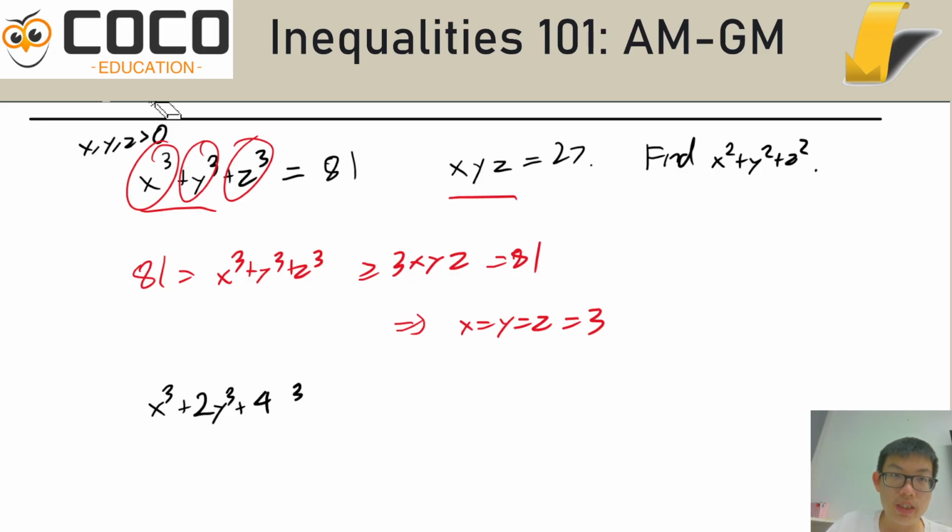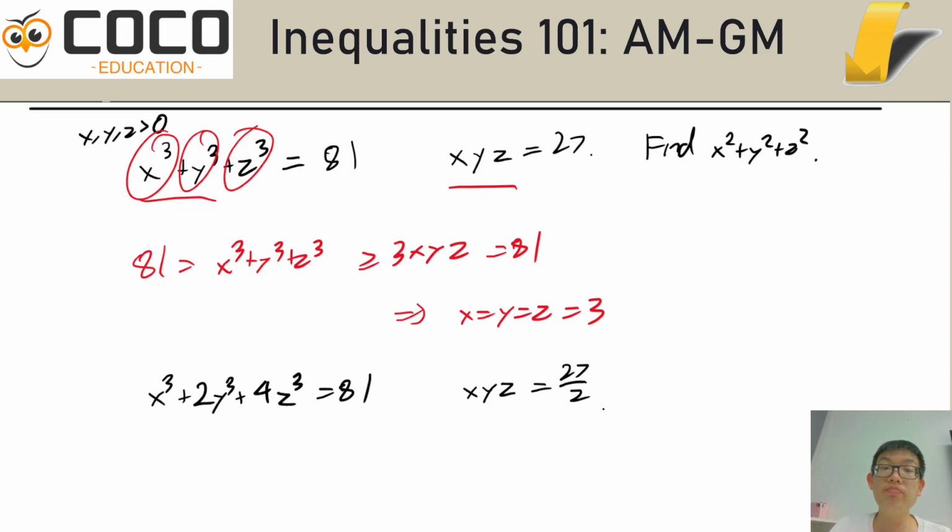Now I can't spell xyz. Okay, let's do this. Let's use x cubed plus 2y cubed plus 4z cubed equals 81 instead. And now I have xyz is equal to 27 over 2. This is actually the same thing. I'm just trying to do substitutions in my head to make the numbers nice-ish, but not as obvious.